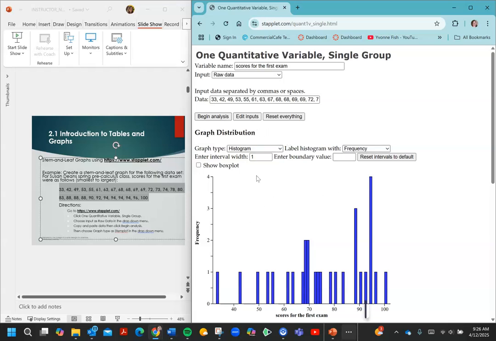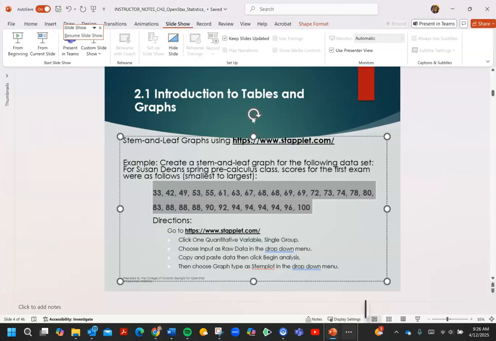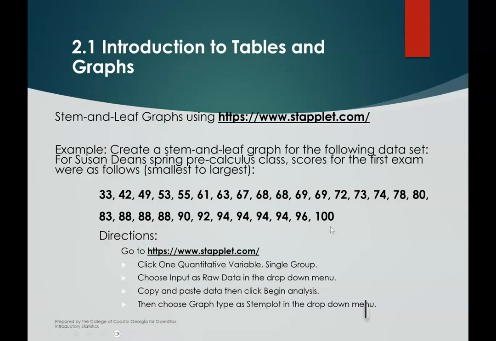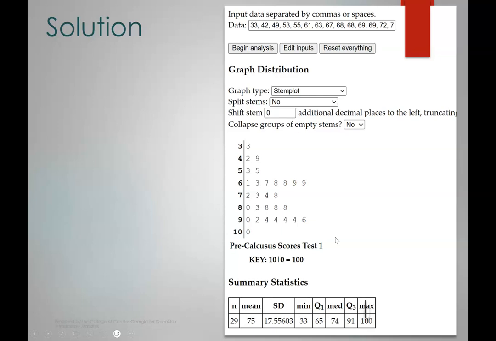All right, so we're going to go out of that for now and back onto the PowerPoint. And we'll look at the next slide here, which is what we just did together. And then, what do you notice?